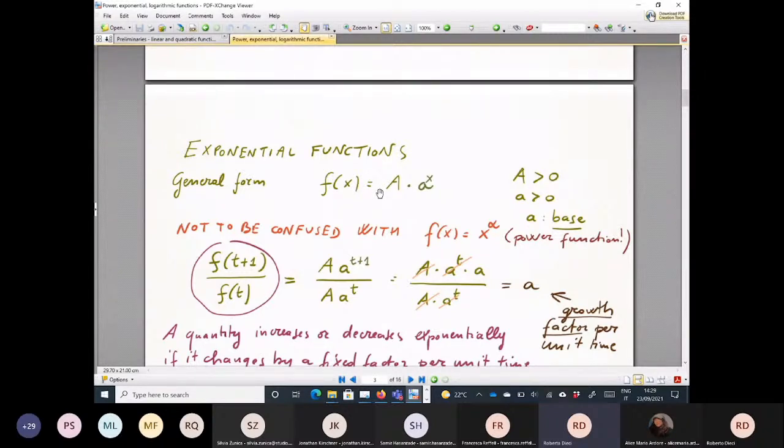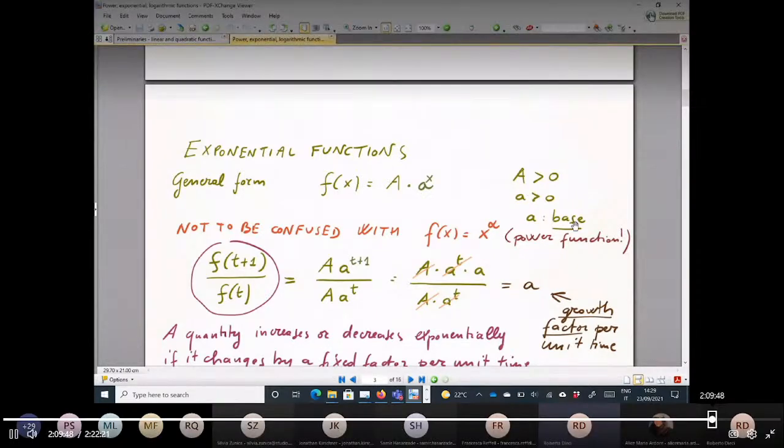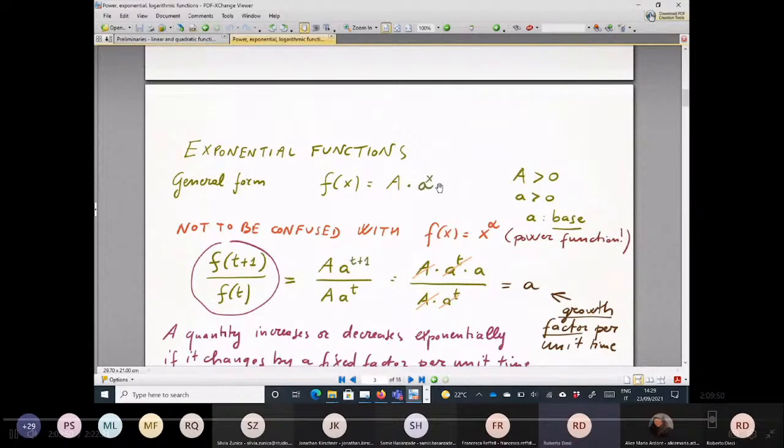So it's a mirror image. Times a, a positive parameter which is called the base of this power, to the power of x.